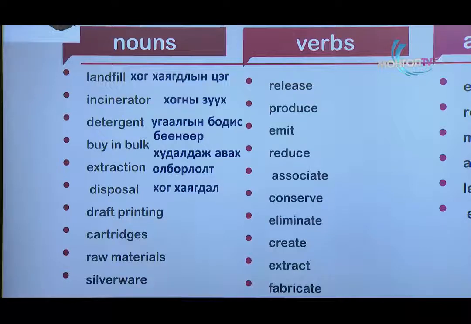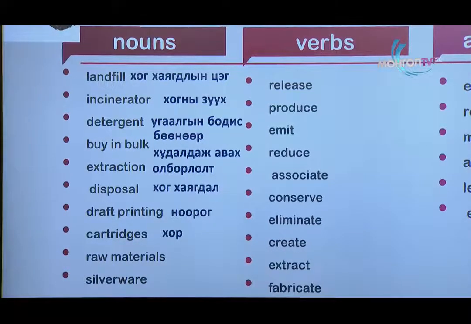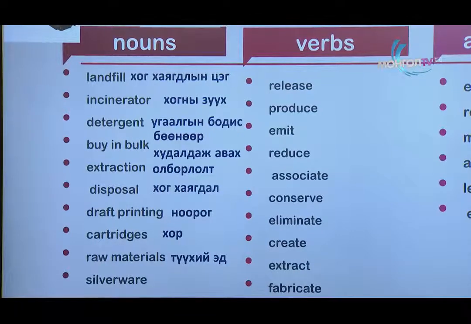Disposal. Draft printing, it's a compound noun. Cartridges, it's for the printing machine. Raw materials. And silverware.